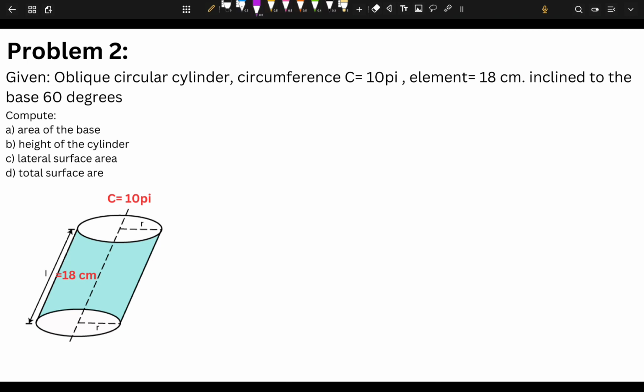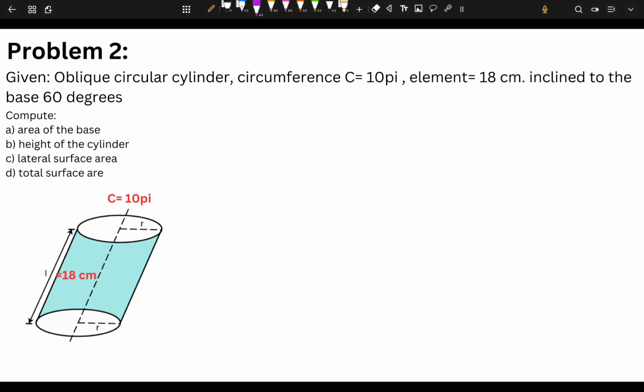So dito po, it is yung ating element na tinatawag, yung gilid doon sa ating cylinder, yung nakaslant na gilid. So naka-incline daw yon to the base 60 degrees. So computin daw po natin yung area ng base, yung height ng cylinder, lateral surface area, and yung ating total surface area.